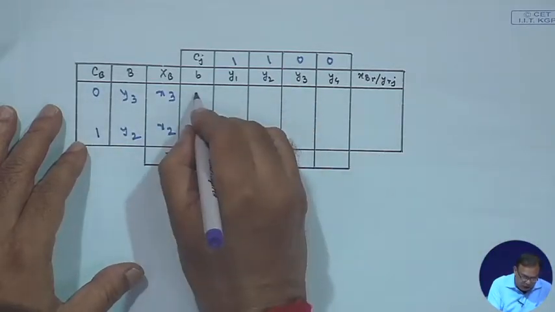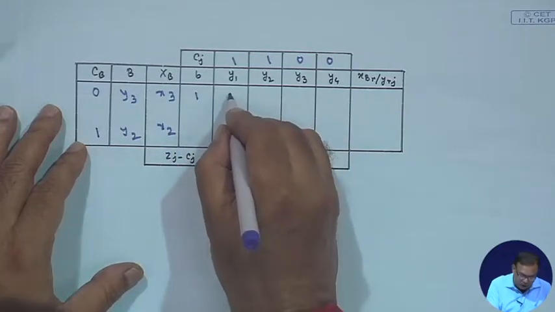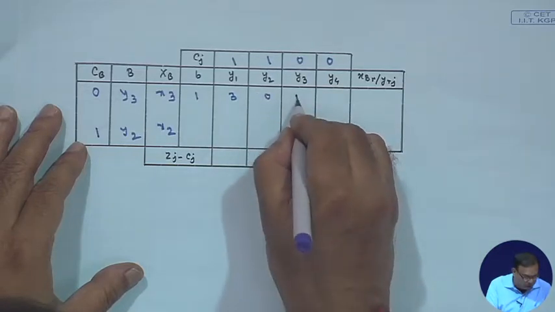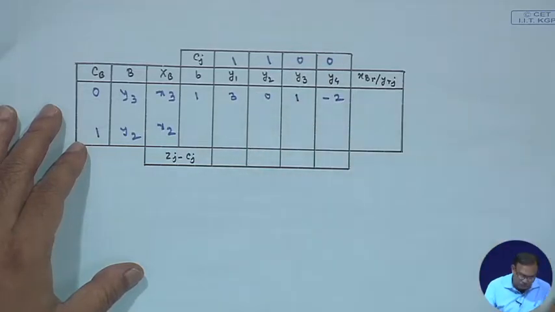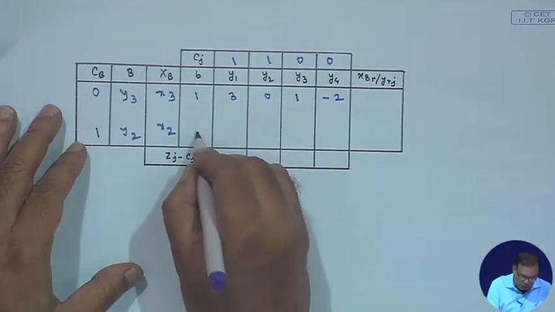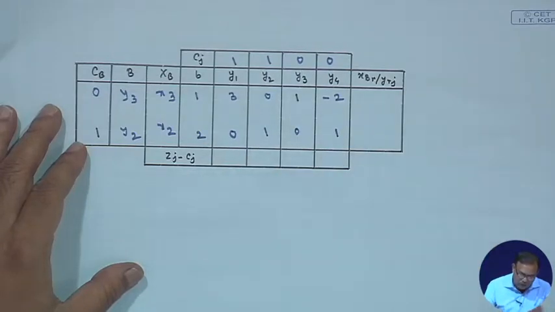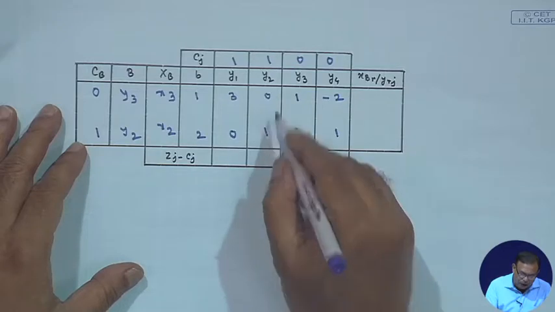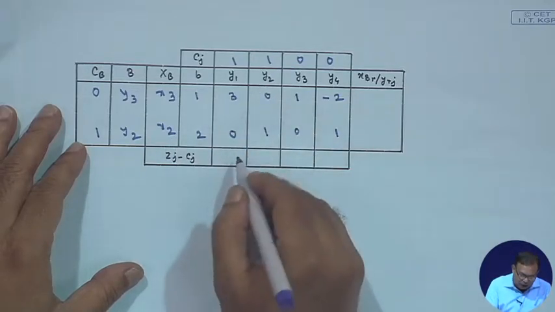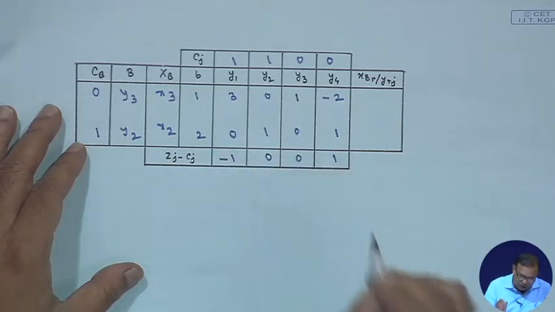If I calculate it and write down after row manipulation, I will obtain 1, 3, 0, 1, minus 2. And for this case x2, this will be 2, 0, 1, 0 and 1. So, basically this is 1 and this is 0, y2 was the entering vector. So, zj minus cj, if you calculate, minus 1, 0, 0 and 1.